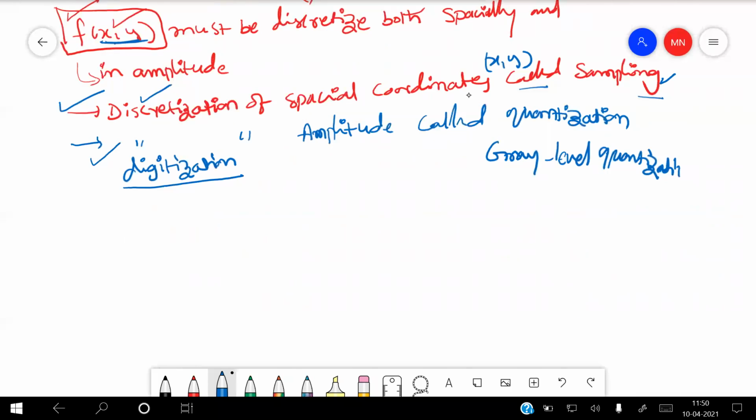Now, how do you define a digital image? Suppose a continuous image f of x comma y is approximated by an equal number of samples and arranged in the form of n into m in an array format.